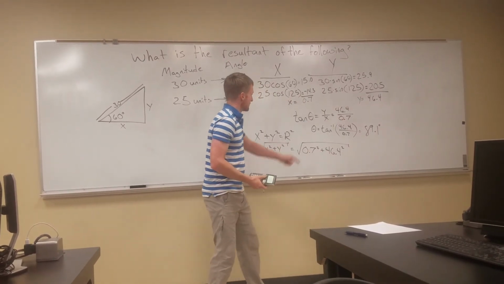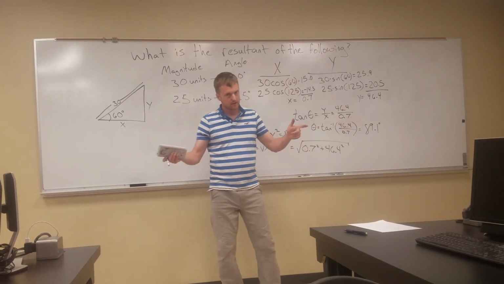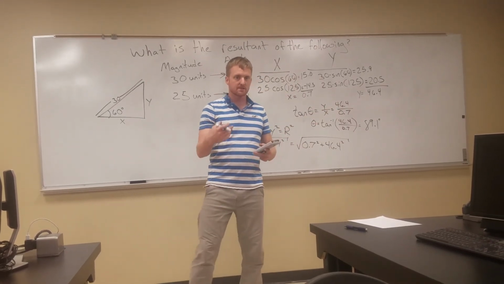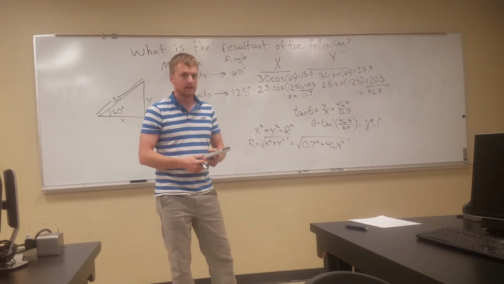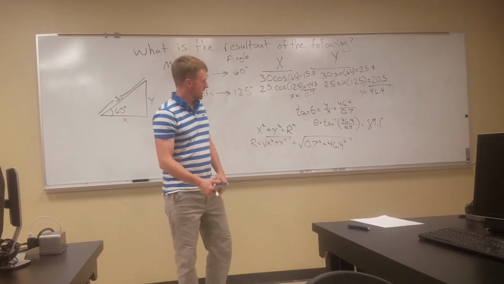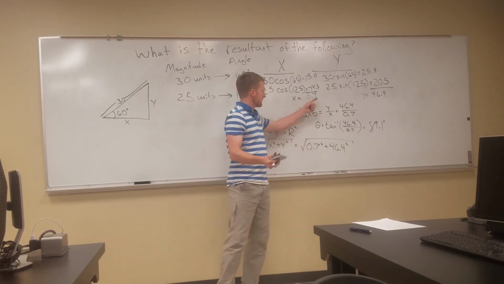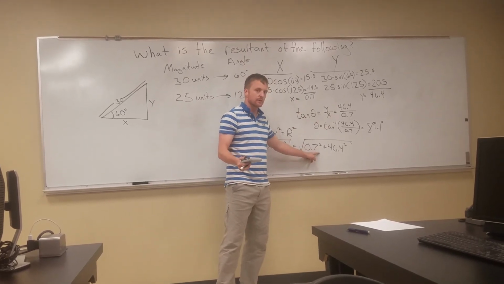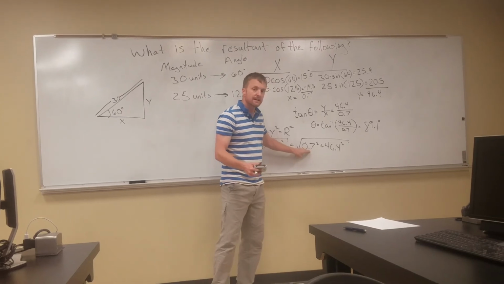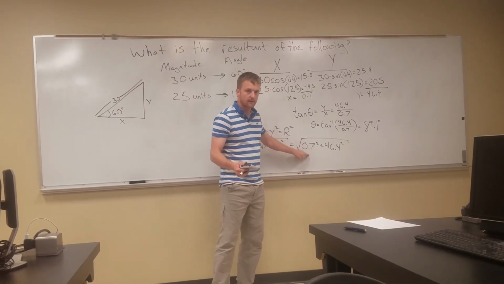Okay? What if one of these numbers were negative? If one of those numbers is negative, what is the square of a negative number? It's positive. Just leave out all the confusion if there's a negative number here and you're trying to find the magnitude. Do not put a negative sign in there, okay?